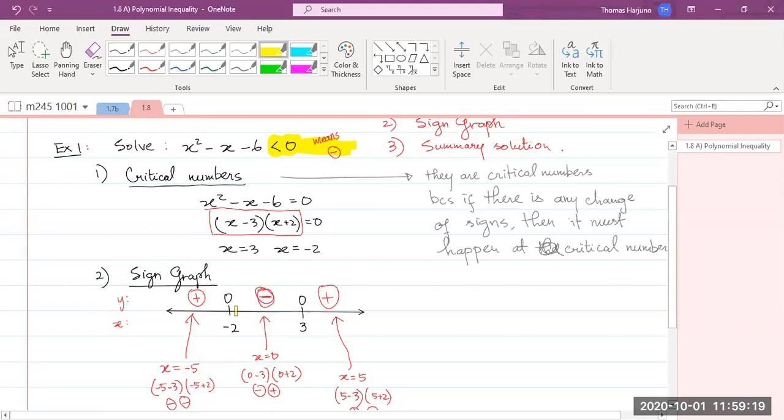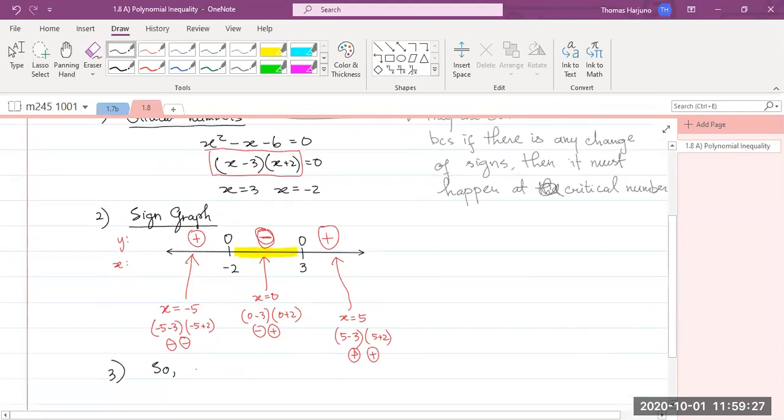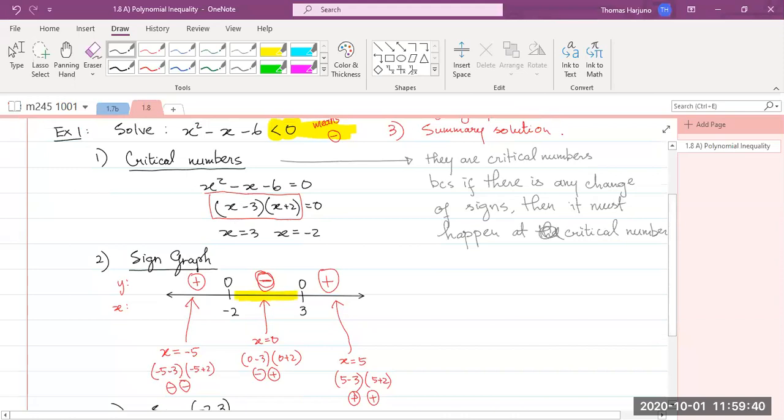So it will be just the negative part, not including the 0. So the solution will be, in parentheses, negative 2 up to 3. Now that implies any x between negative 2 and 3 that you plug into here will make this inequality a true statement.